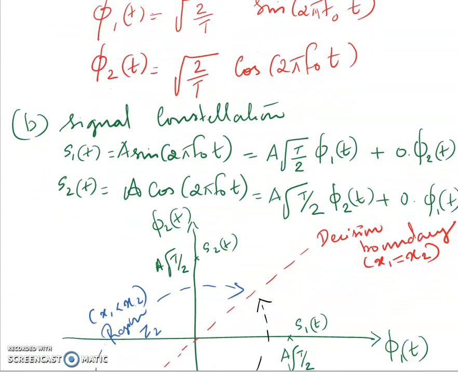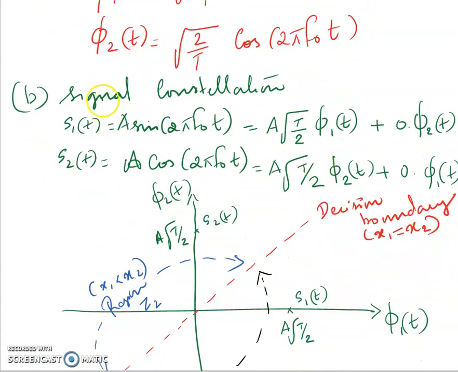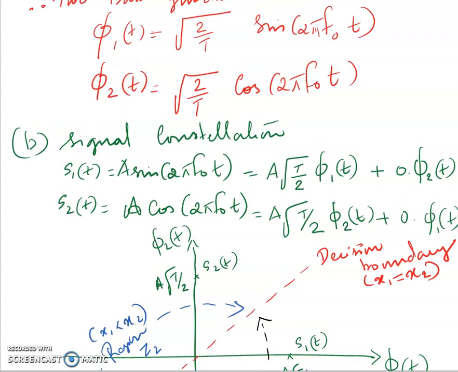Now to plot the signal constellation, you have to represent both the signals s1 and s2 in terms of the basis functions phi 1 and phi 2. Okay, so s1 is A sin 2 pi fc t. So you can represent it in terms of phi 1 and phi 2. You know phi 1 is root of 2 by T sin 2 pi fc t. So this sin 2 pi fc t into root of 2 by T, you can write as phi 1.